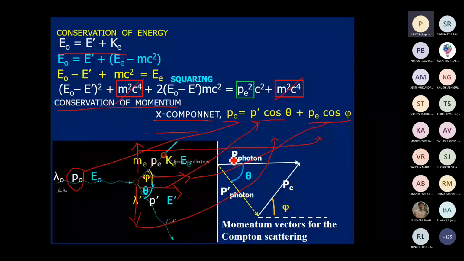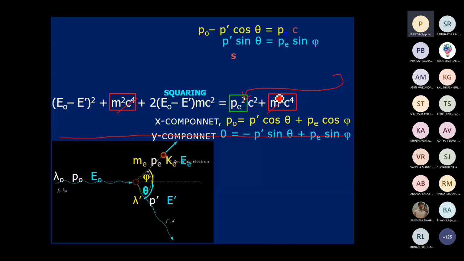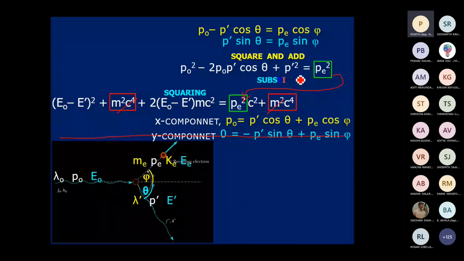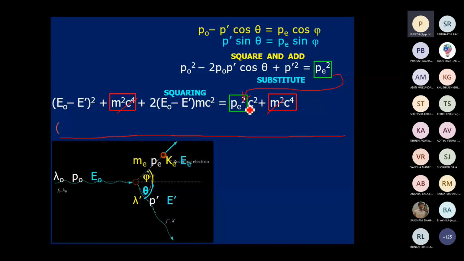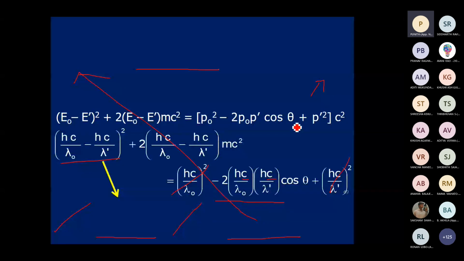Once you get the value of p e, substitute in the equation which you have just arrived at, and you will be left with this equation. Expand this left hand side term and look for certain common terms.